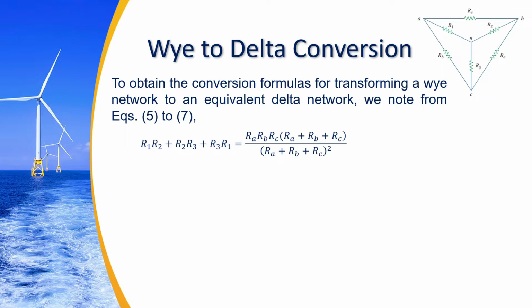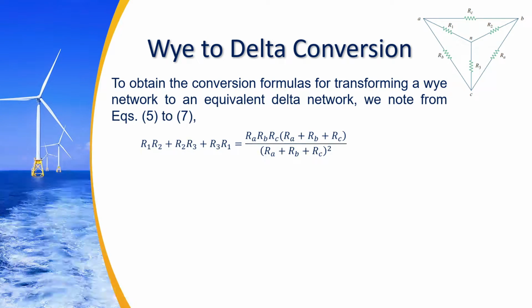Okay? Meron tayong sum ng bawat product, na R1 times R2 plus R2 times R3 plus R3 times R1 ay equivalent siya sa product ng RA, RB, RC multiplied by RA plus RB plus RC all over square ng RA plus RB plus RC. Okay?